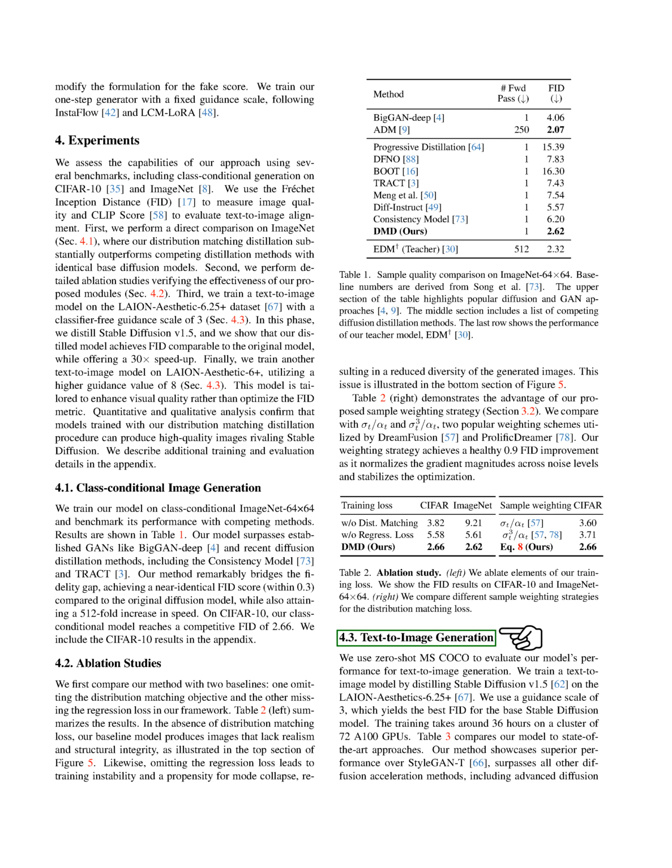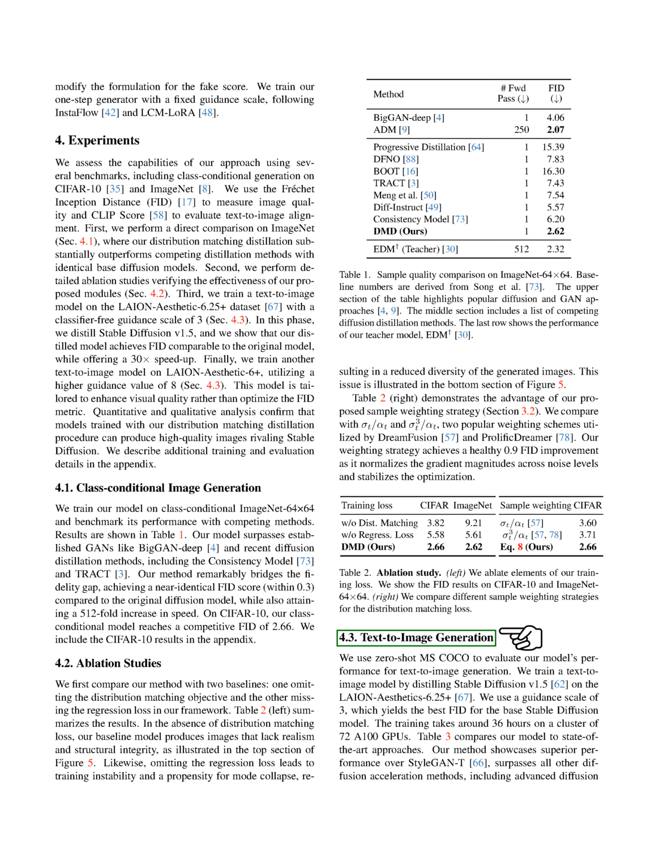We trained a text-to-image model by distilling Stable Diffusion version 1.5 on the LAION aesthetics 6.25 plus dataset. We used a guidance scale of 3, which gave the best FID for the base Stable Diffusion model. The training took about 36 hours on a cluster of 72 A100 GPUs.